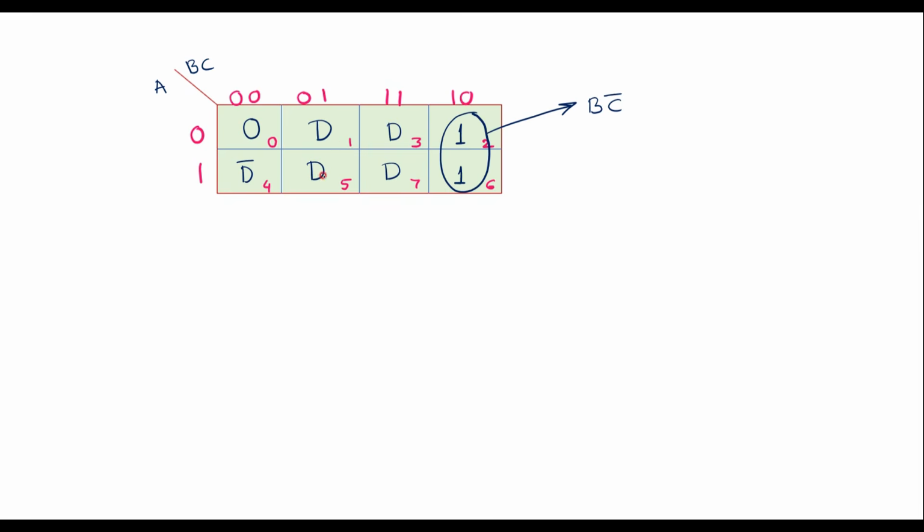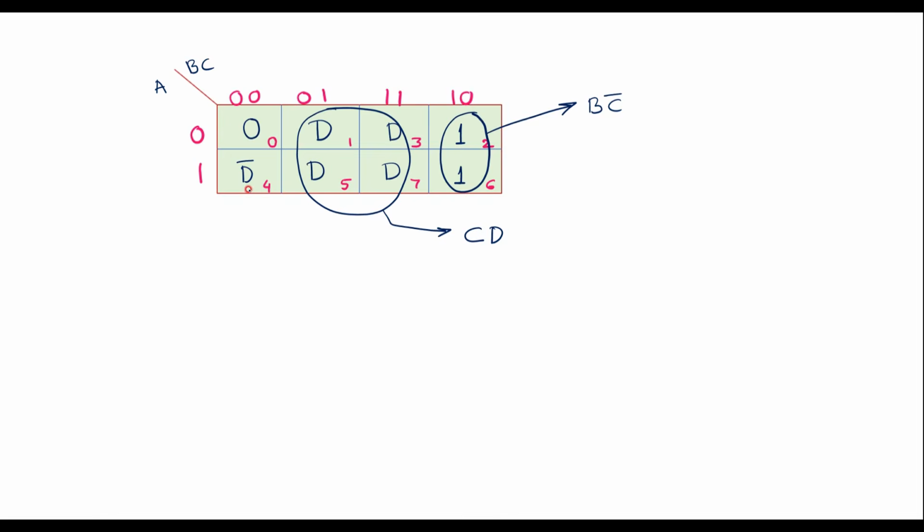Here D, D, D, D can form one group. The value of this will be, here the common factor is C, and we are supposed to do the ANDing with this variable, that is D. So that is C into D, or C dot D.